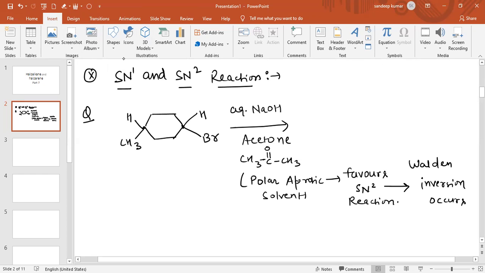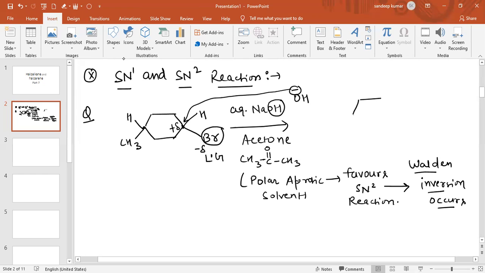The nucleophile is this one, OH minus, and this is the leaving group. There is partial negative on bromine and partial positive on carbon. Now this nucleophile OH minus will attack the carbon atom, and Walden inversion occurs.